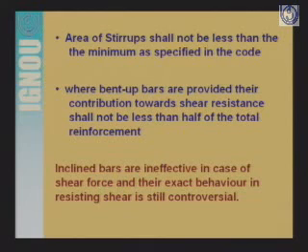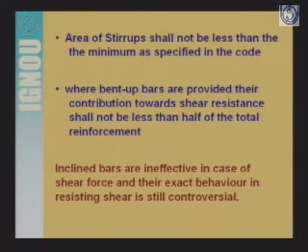Now, in this particular case, code says that area of stirrups shall not be less than the minimum as specified in the code. Means whole of the shear resistance we cannot draw from the bent up bars.